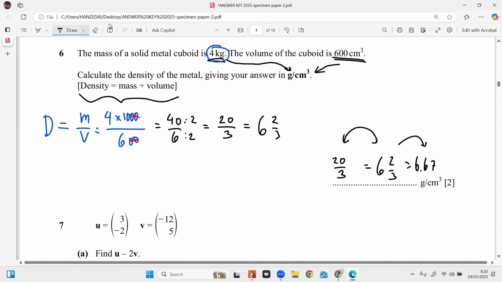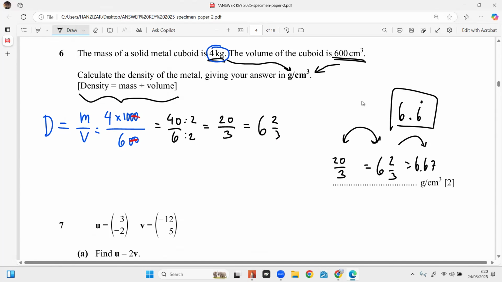If the working is right but the answer is wrong, you might get 1 point only. I don't know. So I think this is the best answer so far. 6.6 dot. Okay, that's better, more accurate, right?